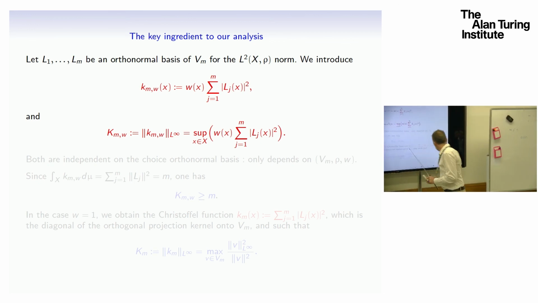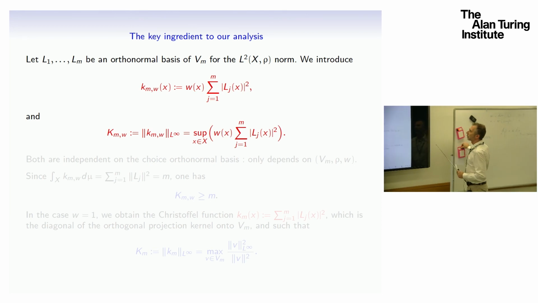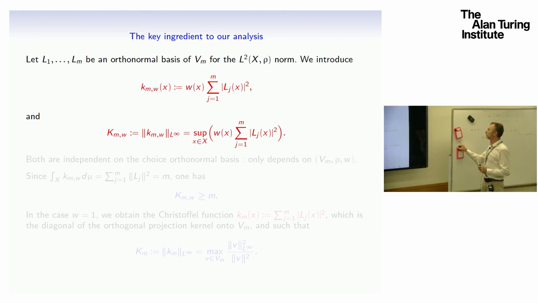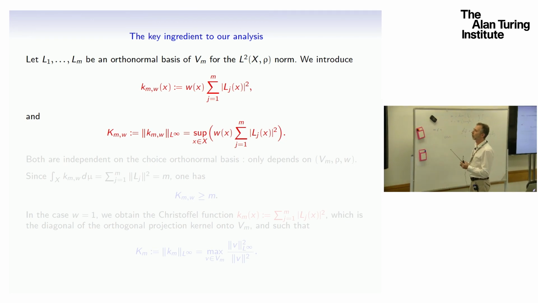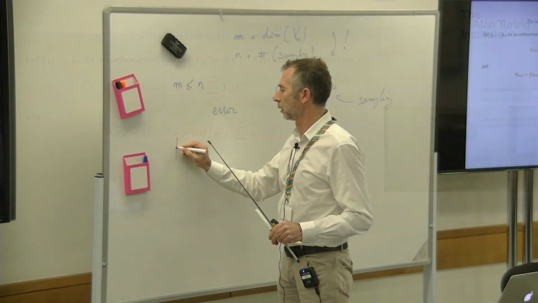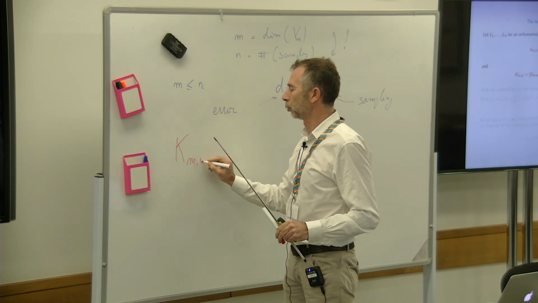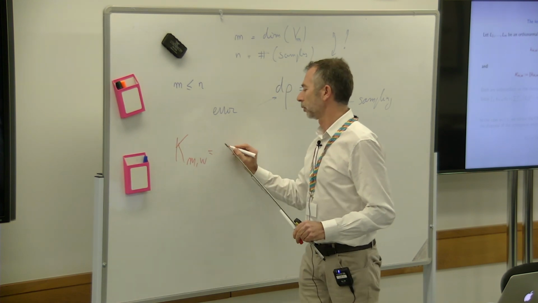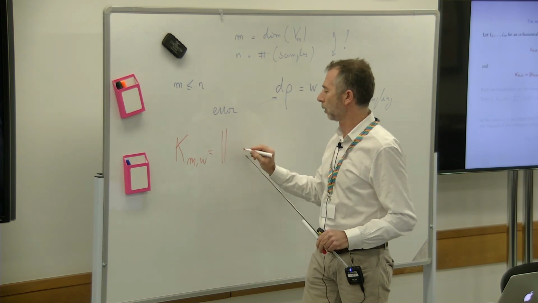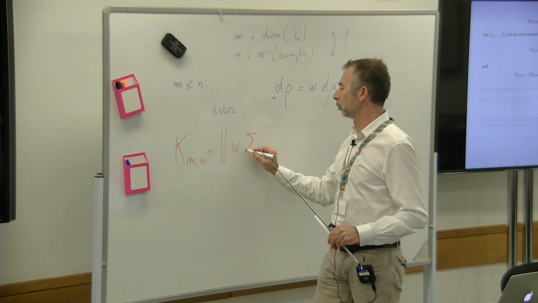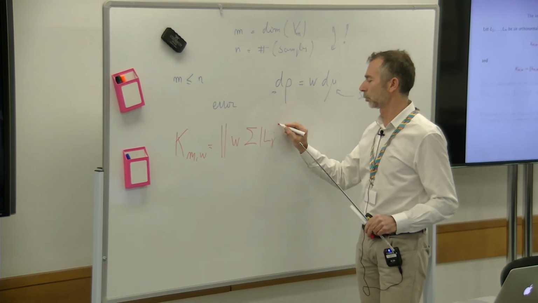Maybe it's worth I write it. Actually, what will be most important is the sup norm of this quantity. So KMW, the sup L infinity norm of the product of W and the sum of the Lj square.